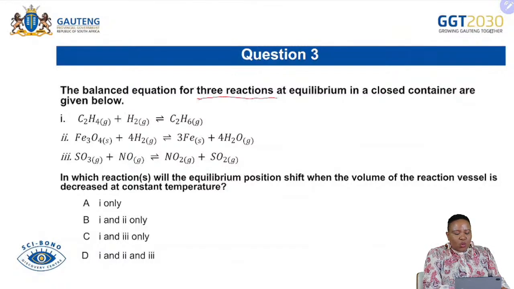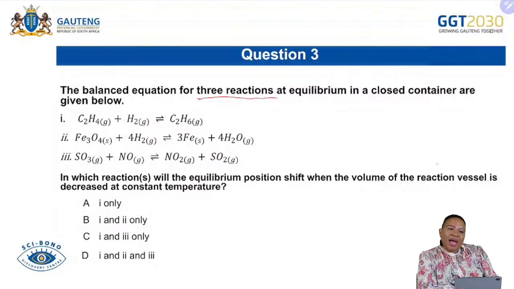In which reaction will the equilibrium position shift when the volume of the vessel changes? Remember, this one is about how the increase in volume affects it. I know that you are saying volume is not the factor, but when you increase volume, you are decreasing the pressure. When you are decreasing the volume, you are increasing the pressure.